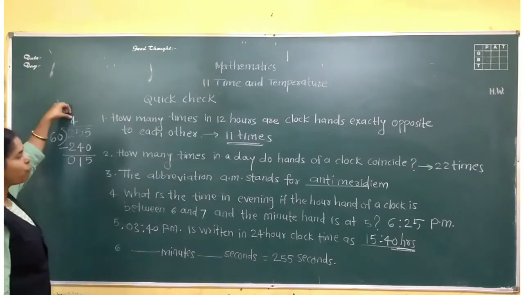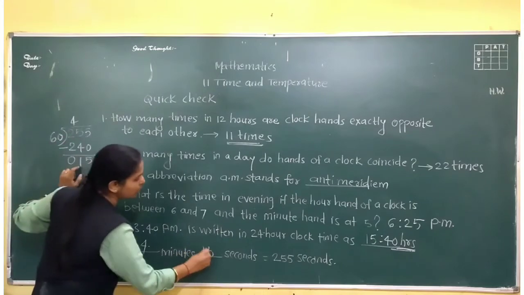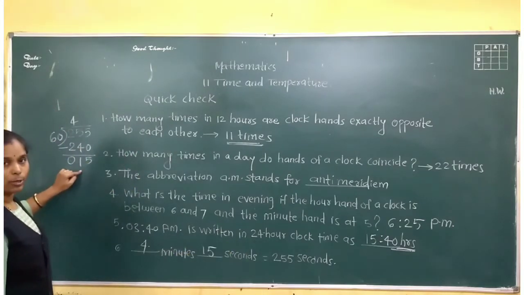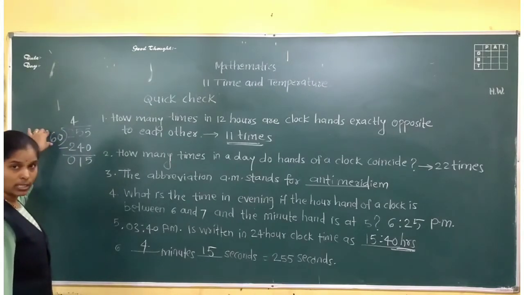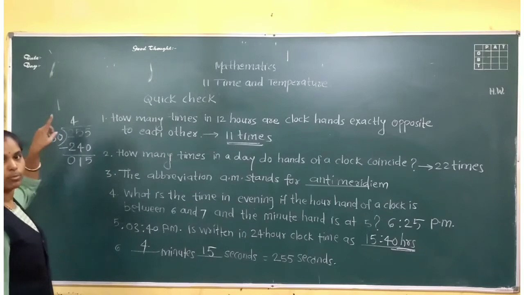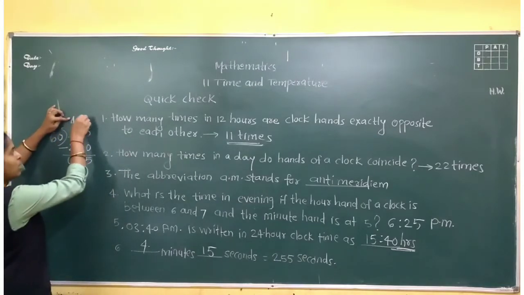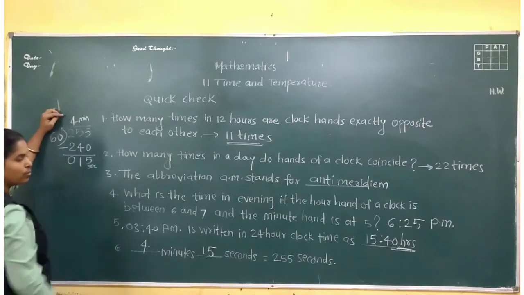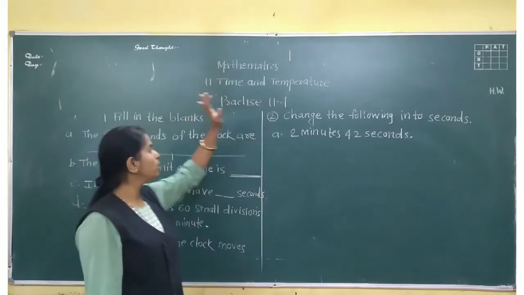So how many minutes? 4 minutes and 15 seconds. Okay, 255 seconds means 4 minutes 15 seconds. What did I do? I divided seconds by 60, because 60 seconds means 1 minute. So if we divide, we get minutes, and whatever is left, the remainder, is called seconds. Fine.